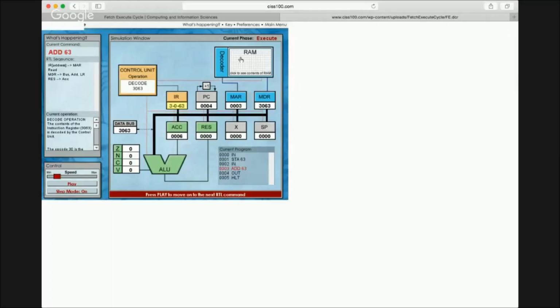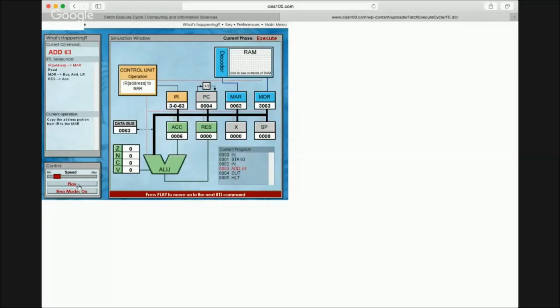So I'm adding the contents of memory location 63, which I just retrieved, to what's in the accumulator. So to get what's in 63, what do I need to do? I need to load the memory address register with 63 and then bring down the contents. So 63 will go to the memory address register.